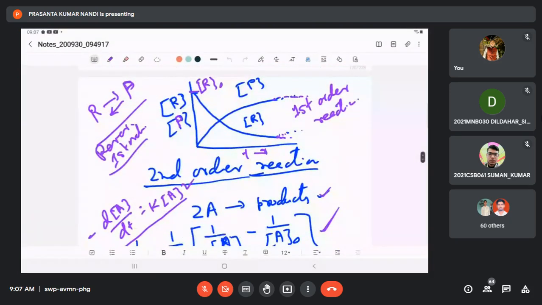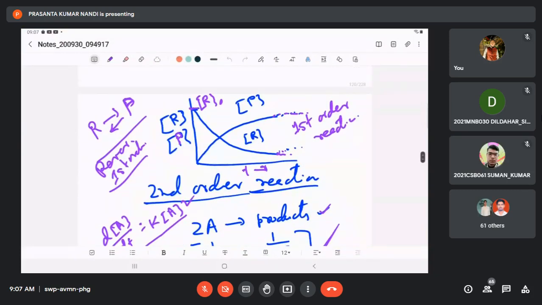In the last class, I showed that for reversible first order reactions, if you plot the product concentration and reactant concentration against time, the curve will follow this shape. This is an arbitrary example where we assume that products will be formed to a greater extent compared to reactant.